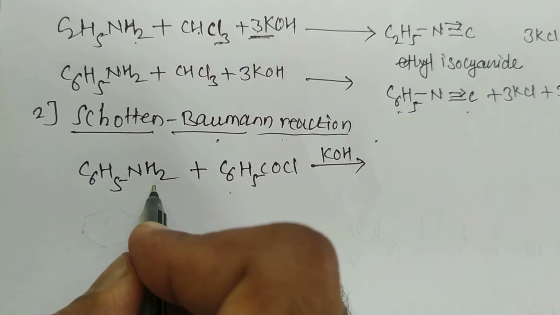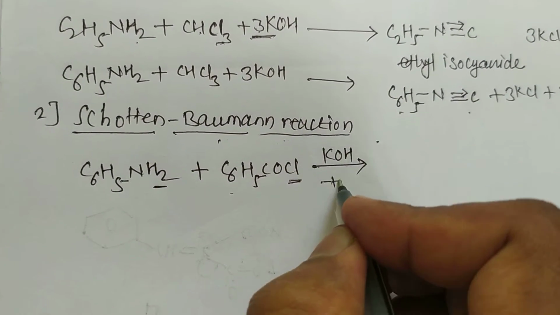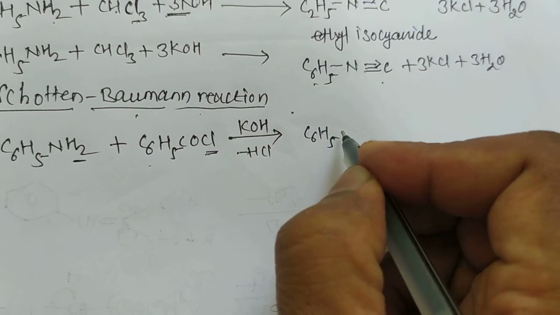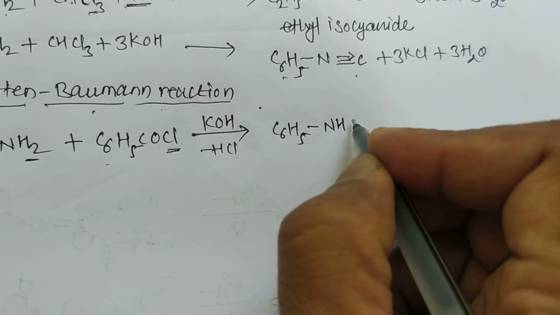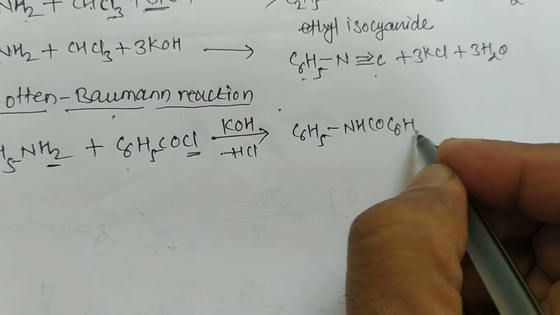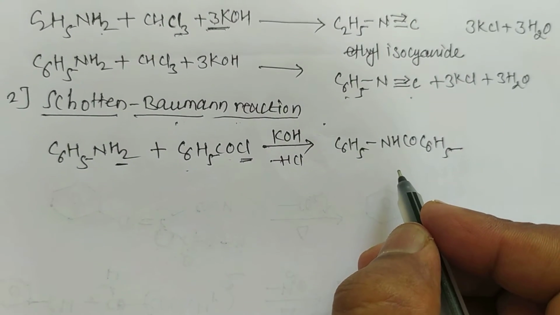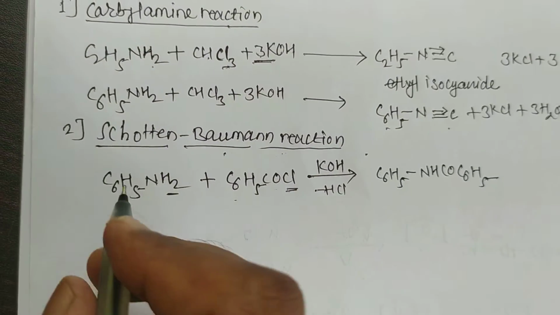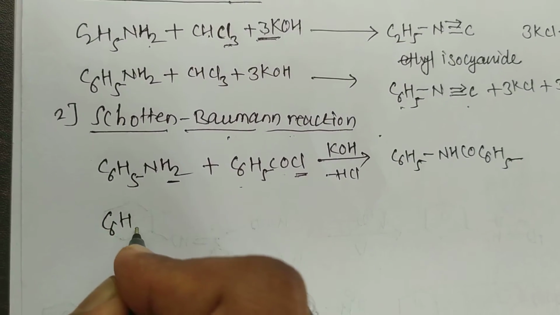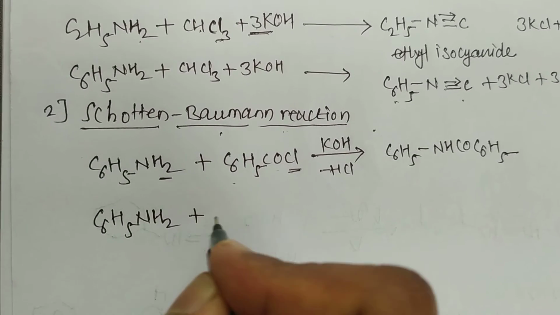One of the hydrogens from the NH2 group and the Cl react to remove HCl, and here formation of C6H5NHCOC6H5, and this is known as benzanilide.